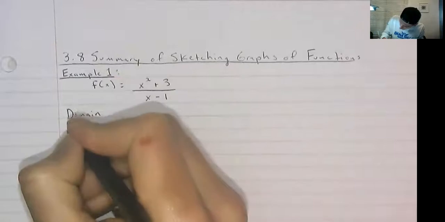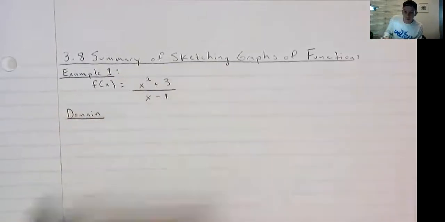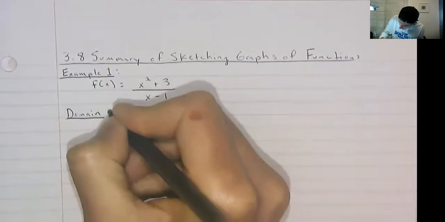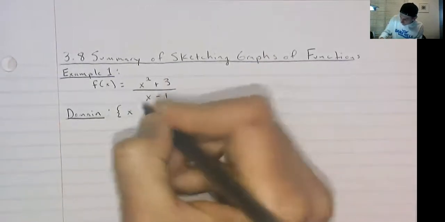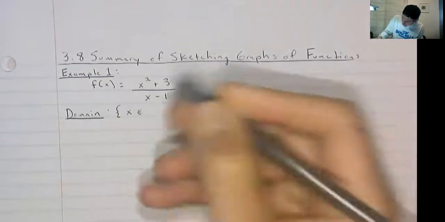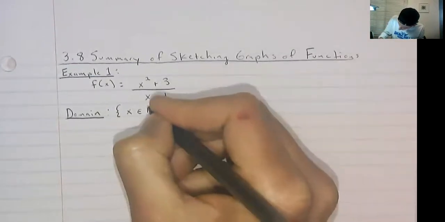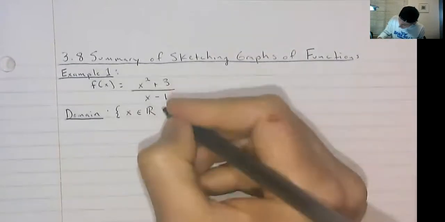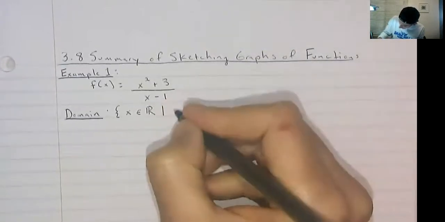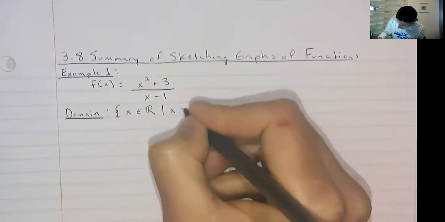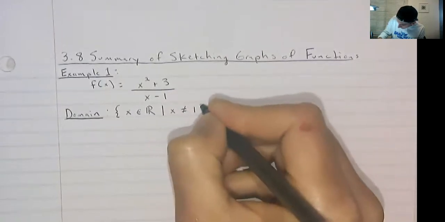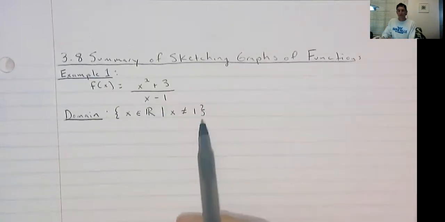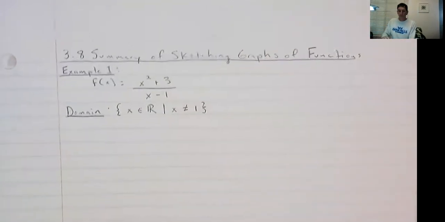So our domain, introducing some set notation here: x in the set of real numbers such that x is not equal to 1. This just means all real numbers except for 1 is our domain.